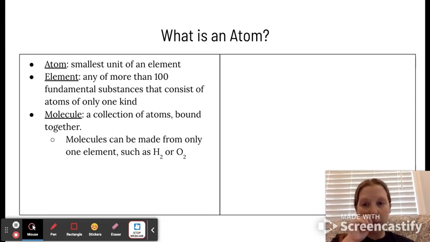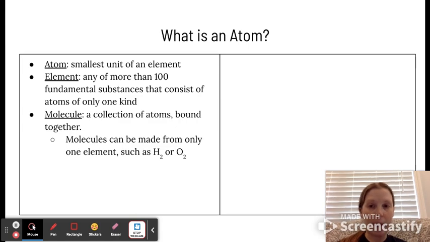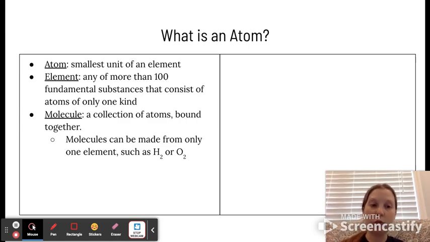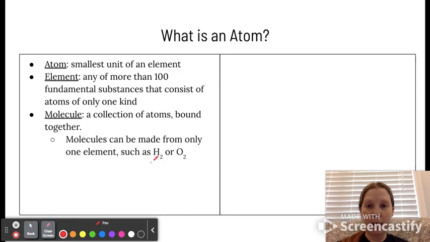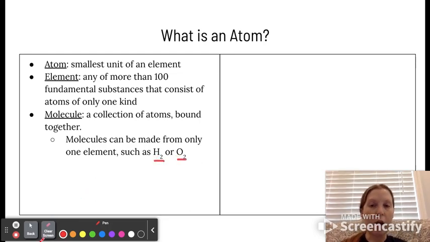So molecules can be made up of only one element, like hydrogen gas or oxygen gas, which are 2 hydrogens or 2 oxygens chemically bound together, written as H2 and O2. Both of those together mean 2 hydrogens bound together, 2 oxygens bound together.